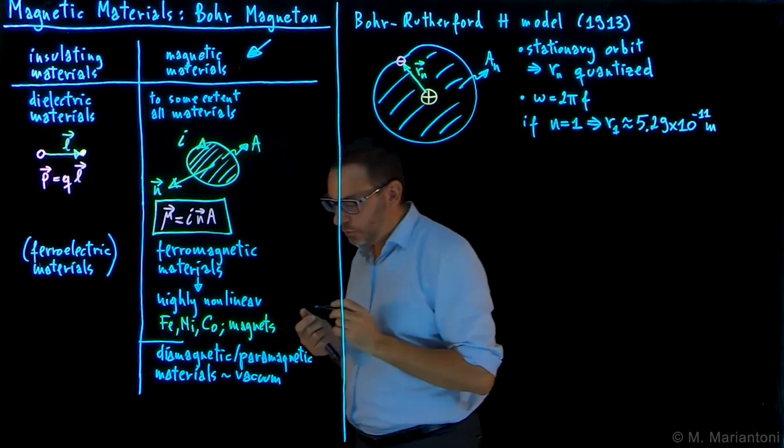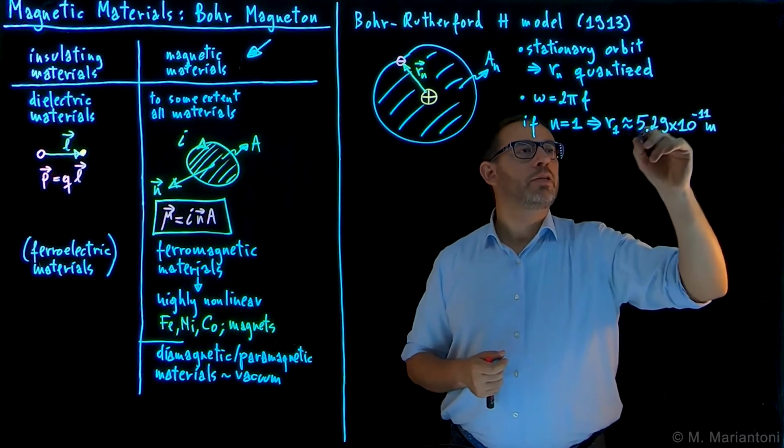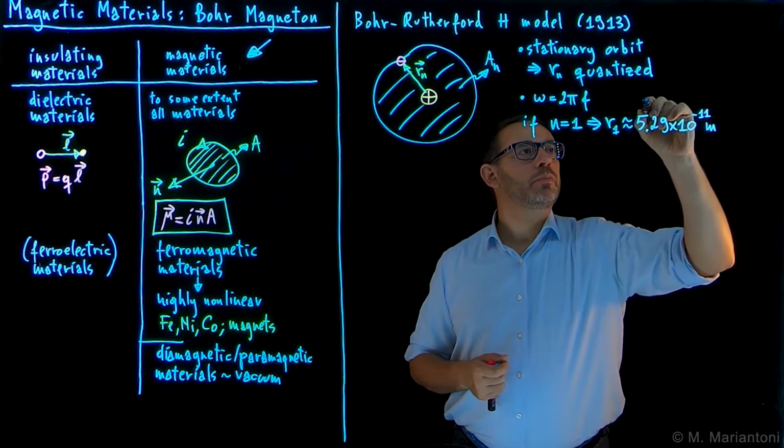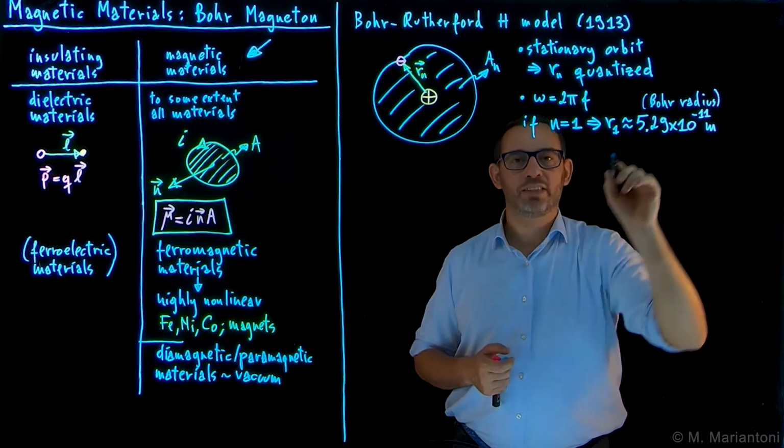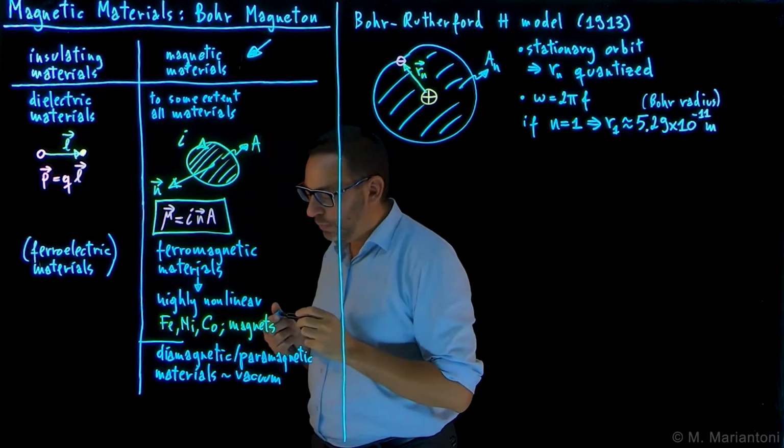That's the Bohr radius. Okay, so let's write it here. So this is our Bohr radius, which is again associated with the lowest orbit of this set of quantized orbits.